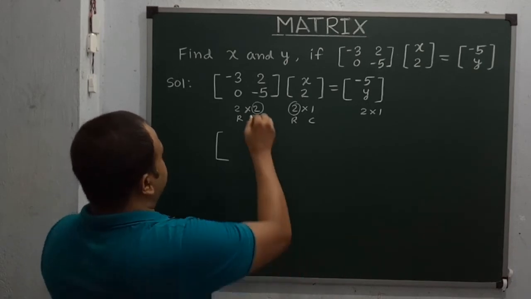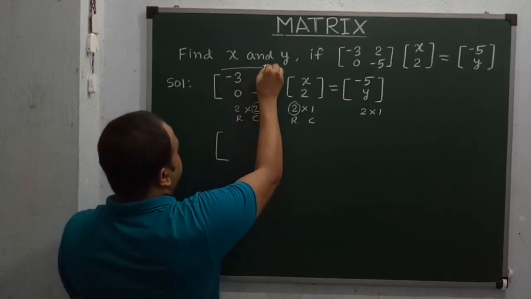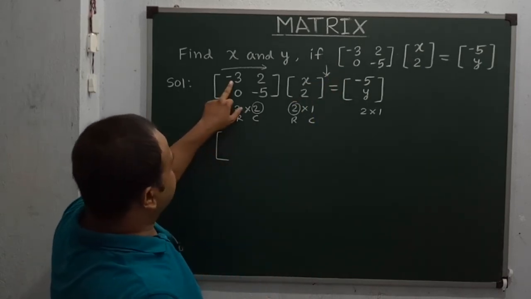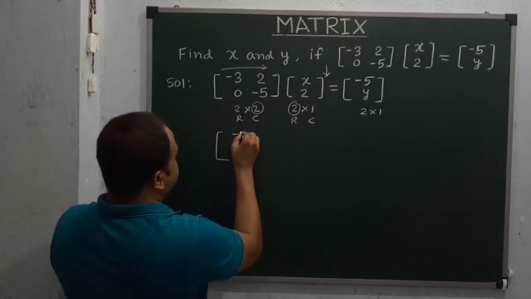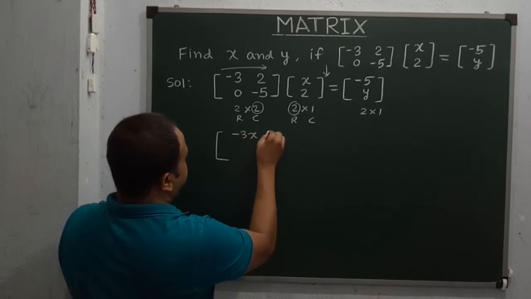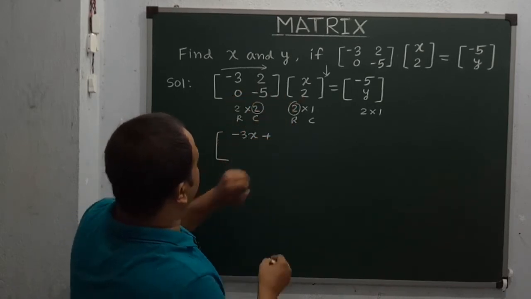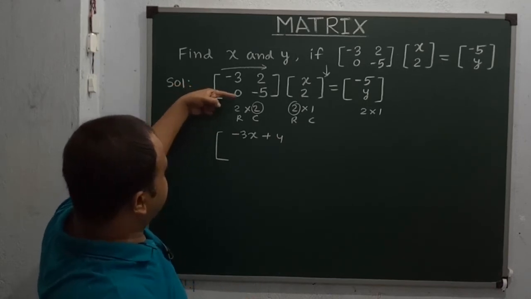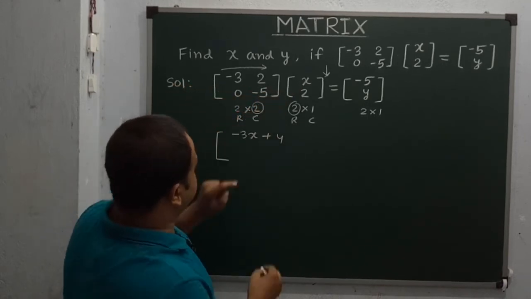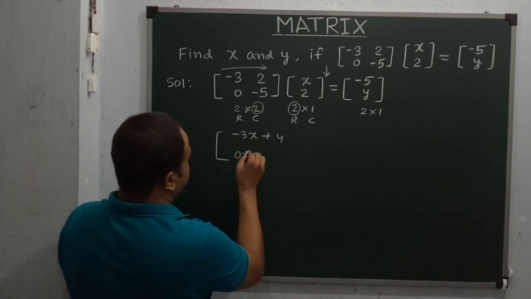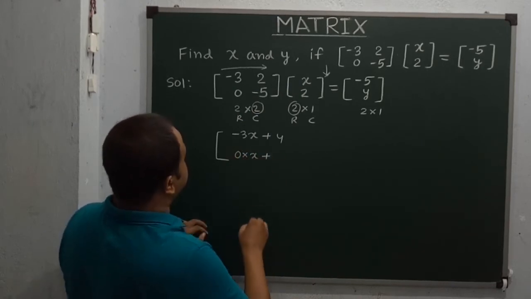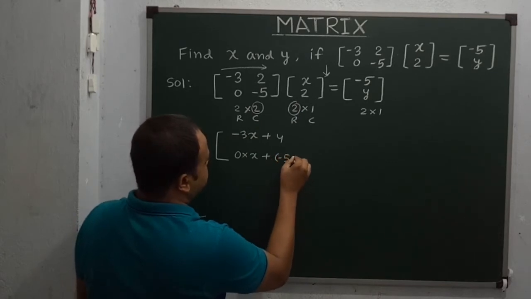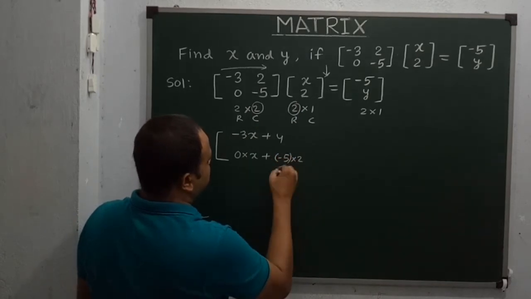Now the rule was there, first I will go horizontal way, then I will go vertical way. So minus 3 into x, that is minus 3x, plus 2 into 2, that is 4. Now we go to the second row, 0 into x, plus minus 5 into 2, minus 5 into 2.